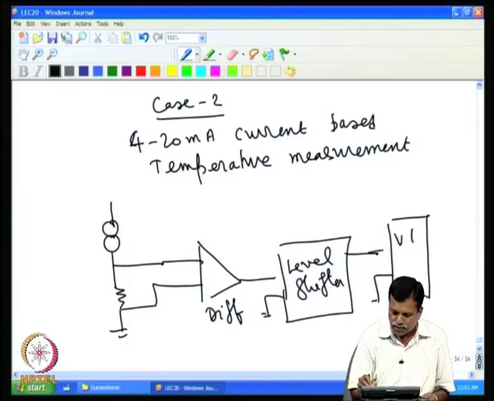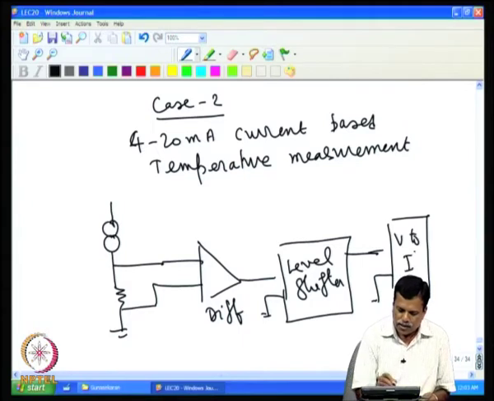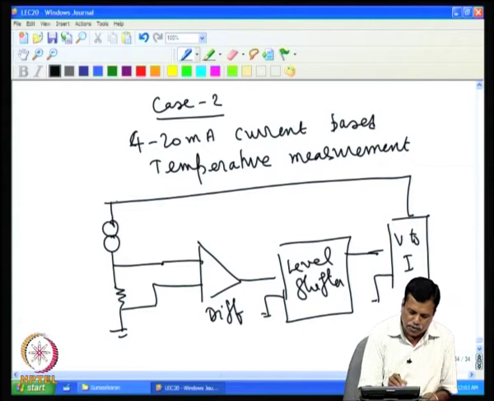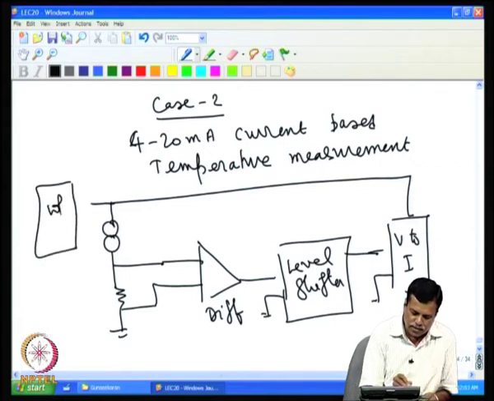So, V to I converter, and then the whole thing is integrated to the input 4-20 milliampere with a voltage regulator. We will have a voltage regulator that is given here and that will act as an input.